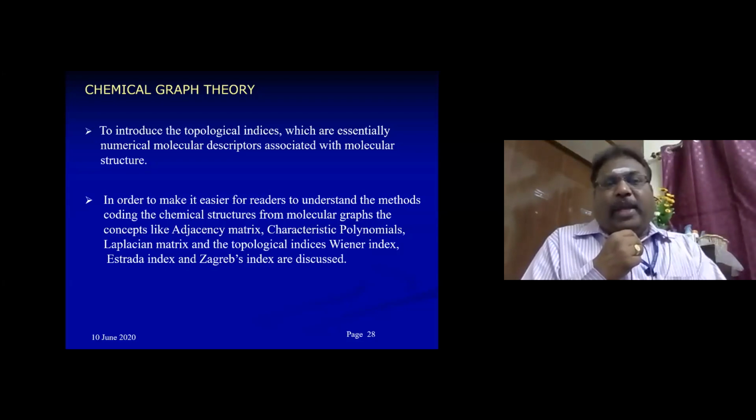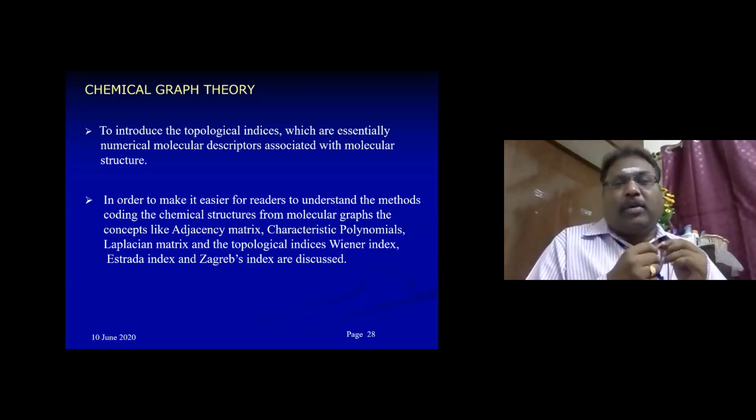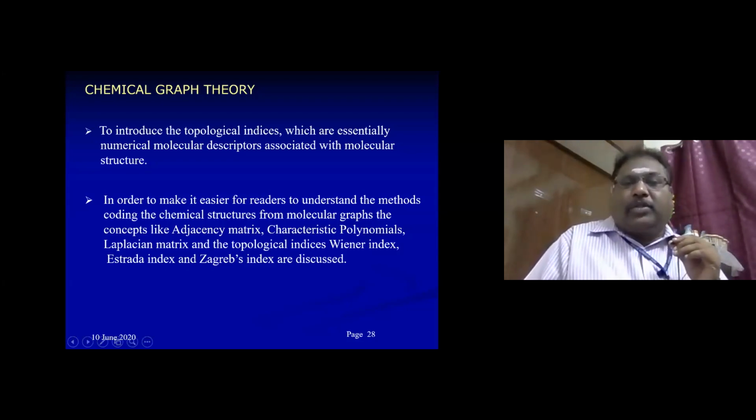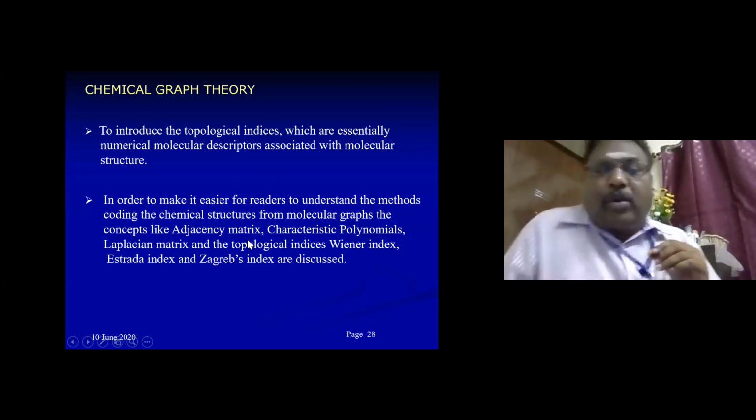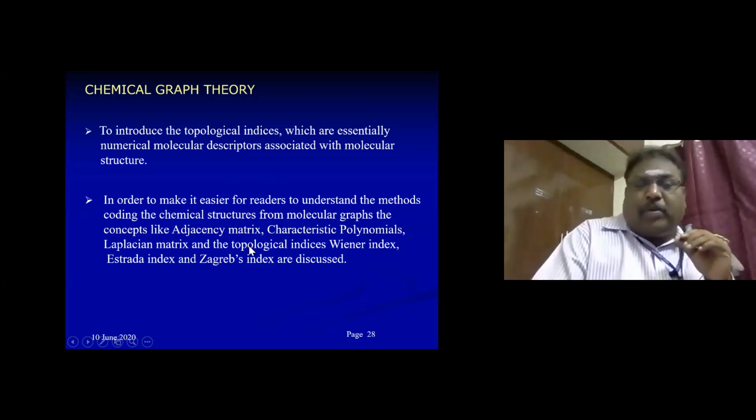The main idea is to introduce topological indices, which are molecular descriptors associated with molecular structure. In order to make it easier, coding the chemical structure from molecular graphs uses plenty of algebraic concepts: adjacency matrix, characteristic polynomial, Laplacian, and so on. One by one we'll see.